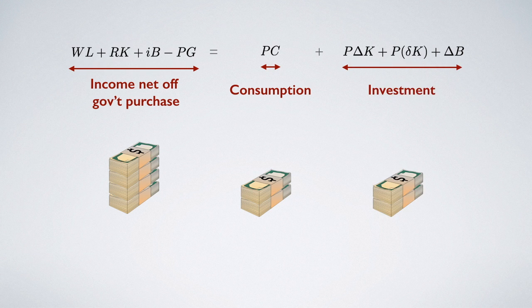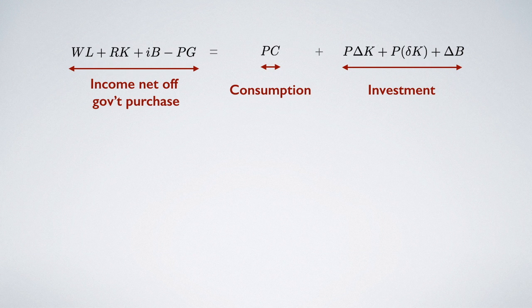Now we consider the case that government increases its expenditure, which means the income net of government purchase would decrease. Suppose the increase of government purchase decreases the cash pile by one pile. Then to balance the budget constraint, those four piles on the right together must decrease by one pile.